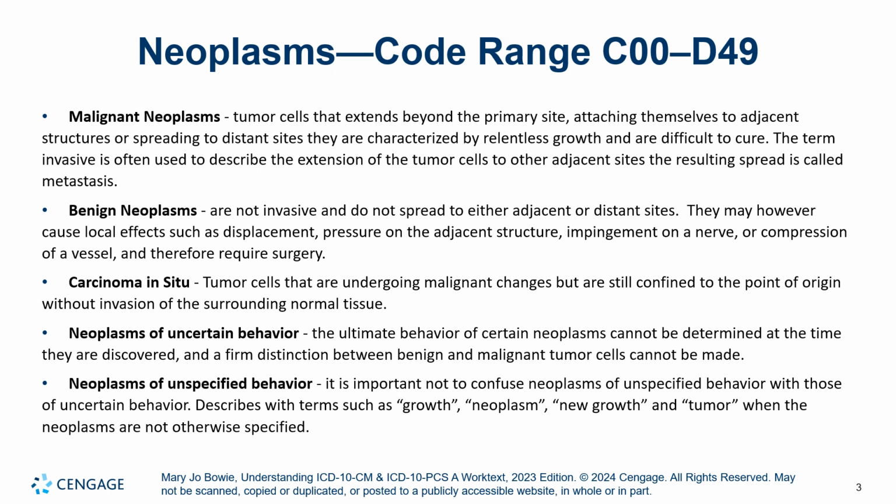Neoplasms of uncertain behavior are when the ultimate behavior of certain neoplasms can't be determined at the time they're discovered. So they can't distinguish between if it's benign or malignant, so it's uncertain behavior. Neoplasms of unspecified behavior, so don't confuse those two, are when the neoplasms are not otherwise specified.